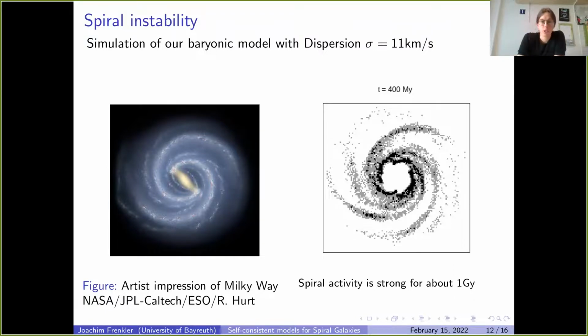When we continue the simulation, we see that the spiral activity is strong for about 1 gigayear. Afterwards, it becomes weaker, and the model, the particles, the simulation, converge to a new, again, axially symmetric state.